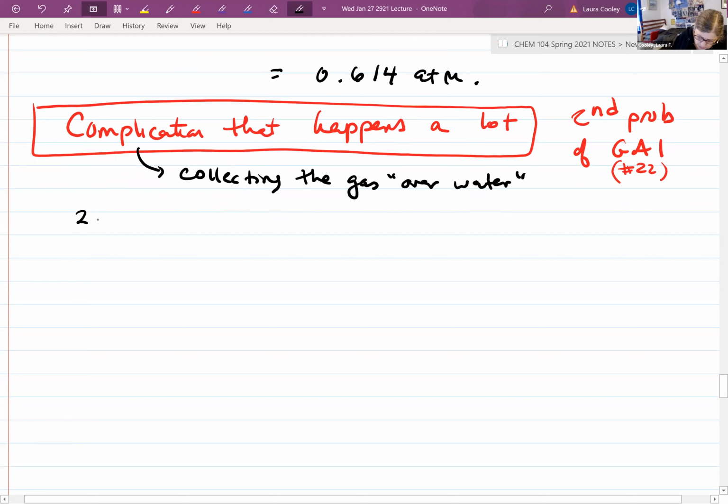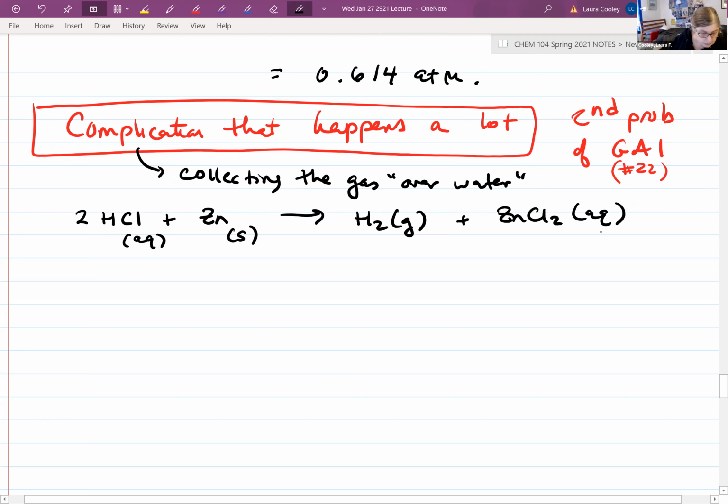Suppose we have a reaction of HCl and solid zinc to produce hydrogen gas and zinc chloride. And this is a pretty simple stoichiometry as well. A lot of 1s and 1, 2.